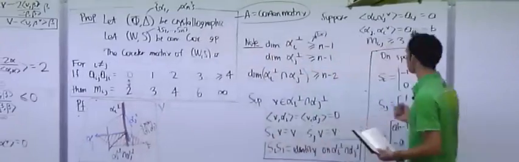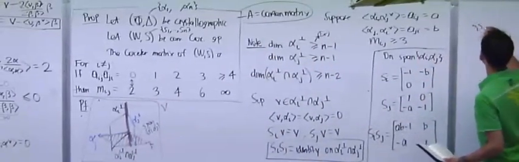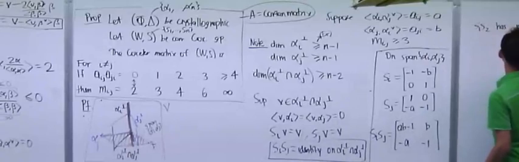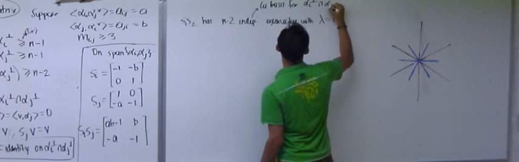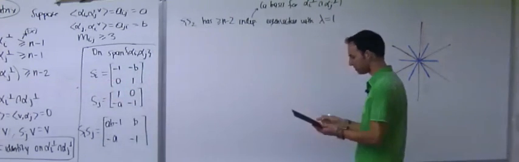So that means that SiSj has n minus 2 independent eigenvectors with eigenvalue 1. Where are they? Just take a basis for alpha i perp intersect alpha j perp. And it might have more actually, but it has at least n minus 2.